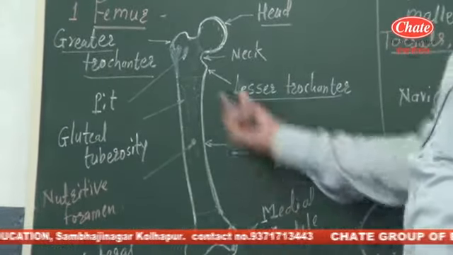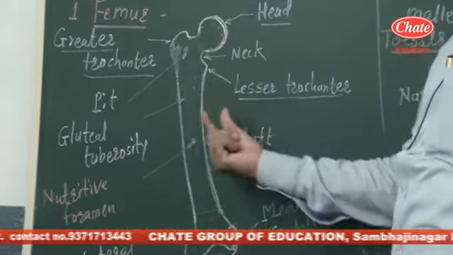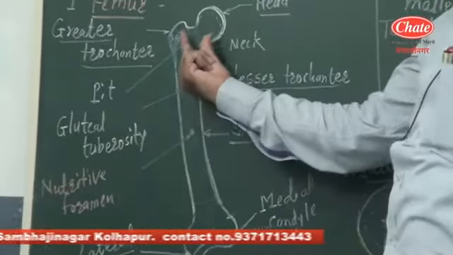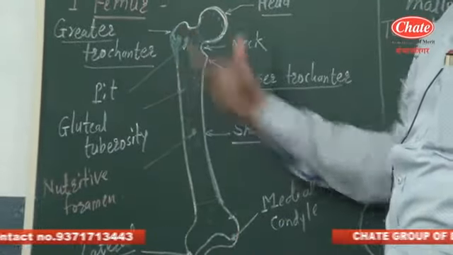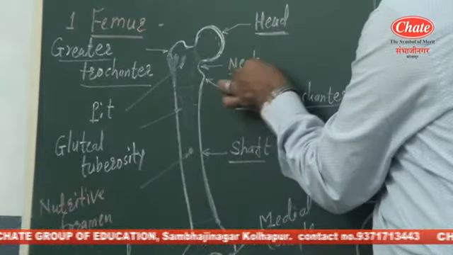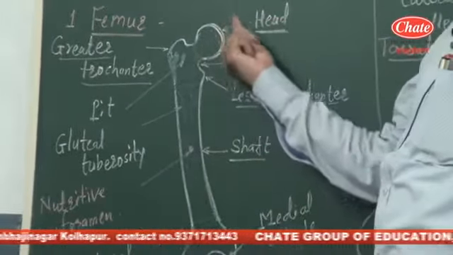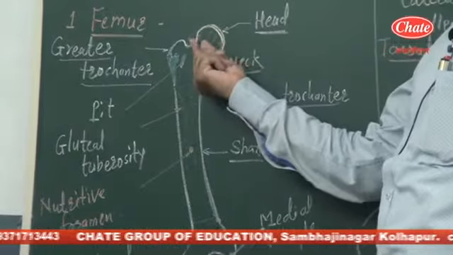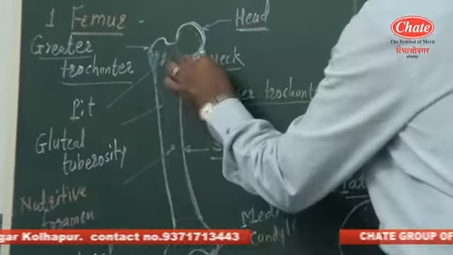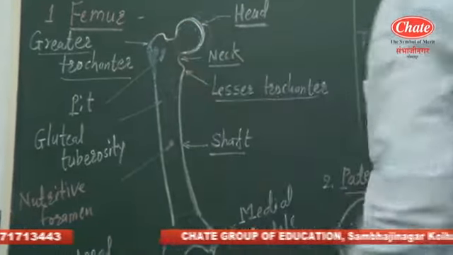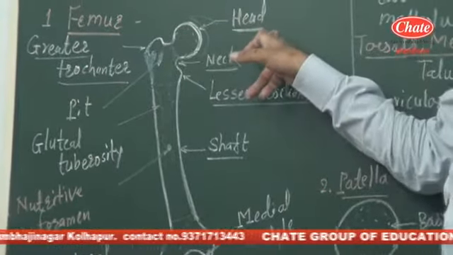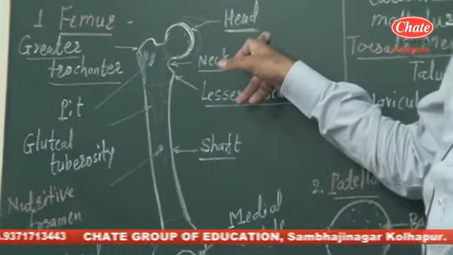So there are three regions: the anterior region, the head; the middle region, the shaft; and the posterior region. The anterior region consists of two components, first the head and second the neck. The head is the spherical structure present at the anterior side, and this head articulates with the acetabulum cavity of the pelvic girdle and forms the ball and socket joint.